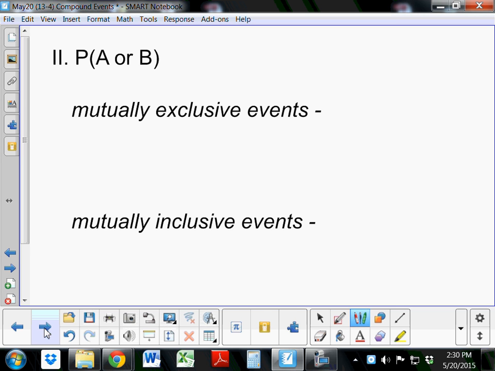Let's say I want to find the probability of you drawing a card out of a deck, and I wanted to know the probability that that thing was either a 2 or a 6 out of a deck of cards. I want to know the probability that you pull a 2 or a 6.